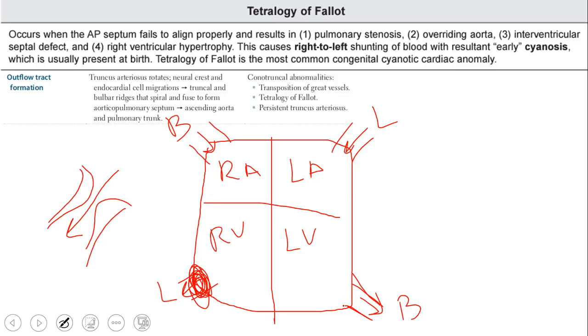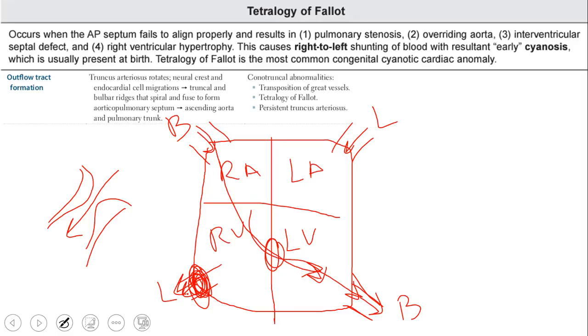Next, 3, you have interventricular septal defect. So down here, in the ventricles, you have a defect, which means there's a hole here, which means the blood gets shunted this way. So deoxygenated blood comes through here and goes this way and sends deoxygenated blood down into the body, and not very much blood goes this way.